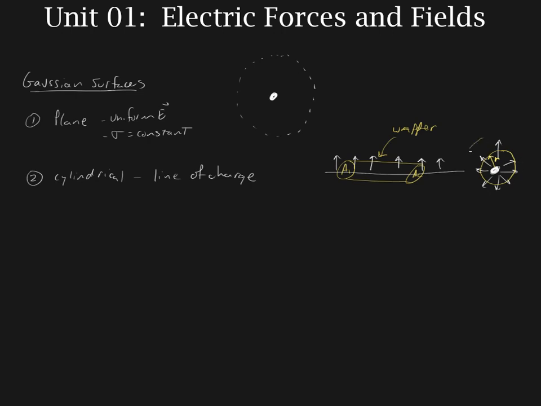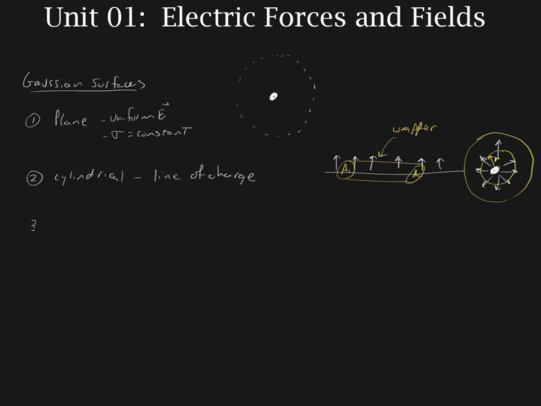Now if I go out to a bigger circle like this, then I'm going to have a weaker field, but everywhere along that line it too is going to be of one constant value. And that's what we mean whenever we say that the electric field has to be uniform for whatever symmetry we're using whenever we're using Gauss's law.